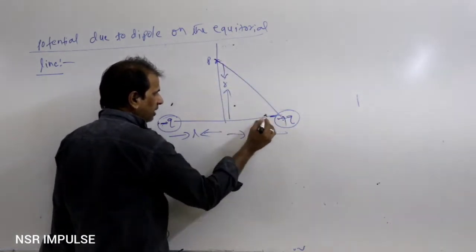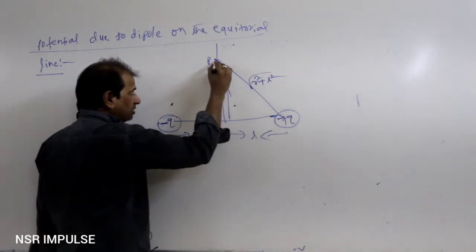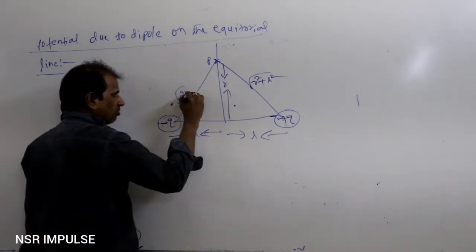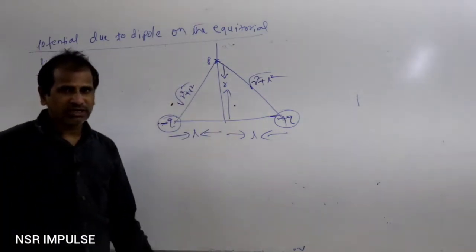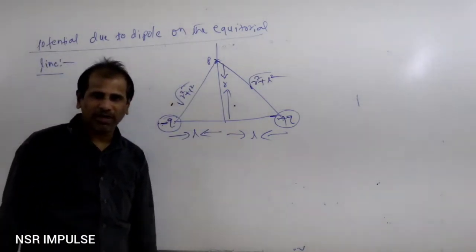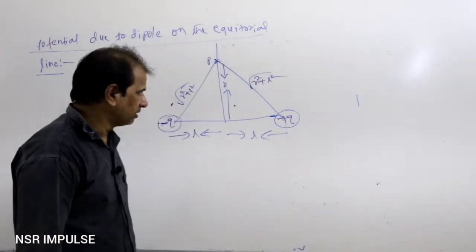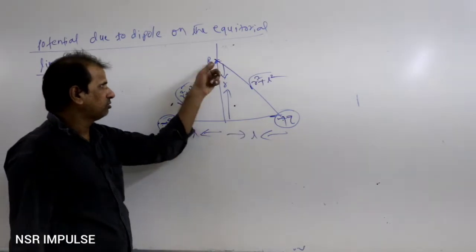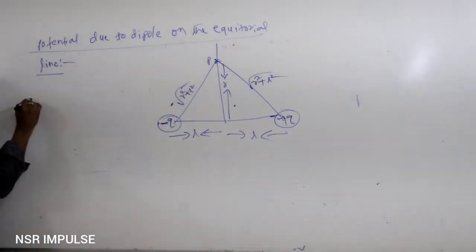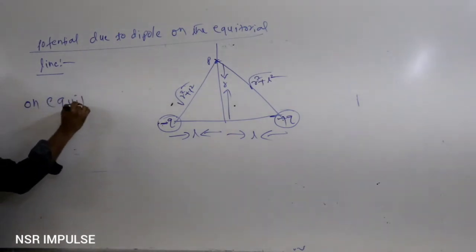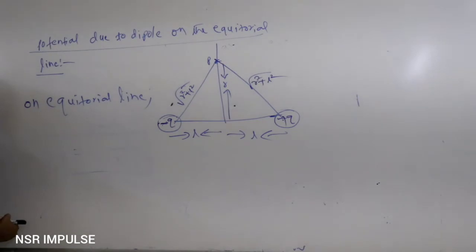This is L and this is r, so it is under root of r square plus L square. It is also r square plus L square. You don't get any vector representation here, no need to apply the parallelogram law, because potential is a scalar quantity. That's why we find the potential due to simply the positive charge at point P, on the equatorial line of the dipole.